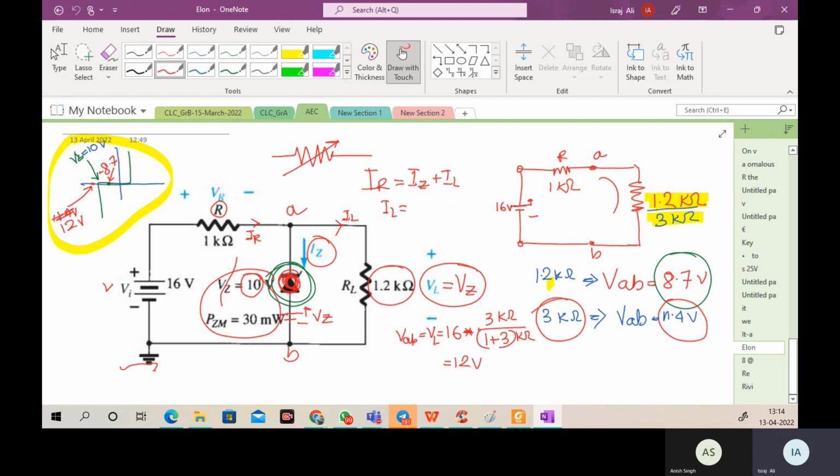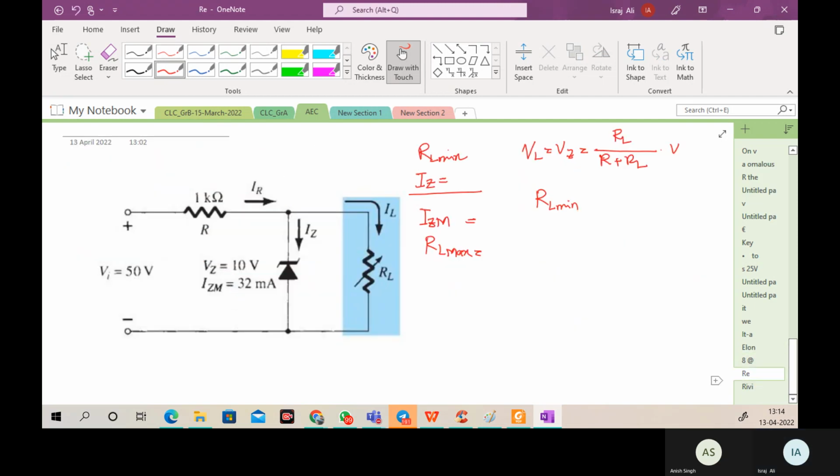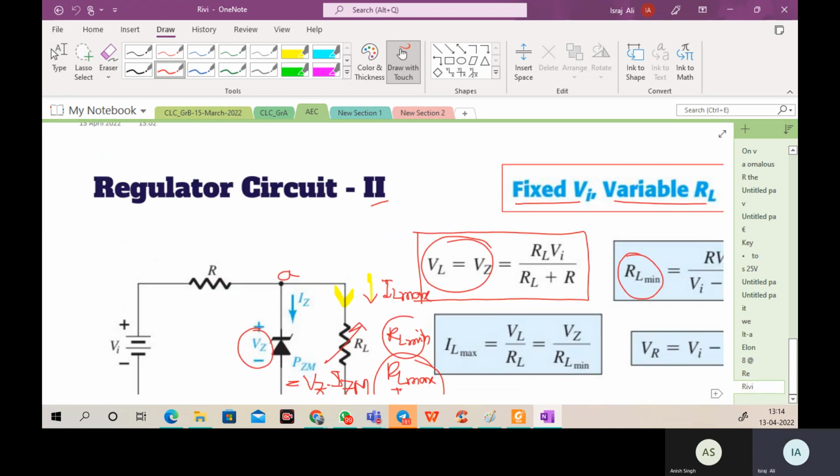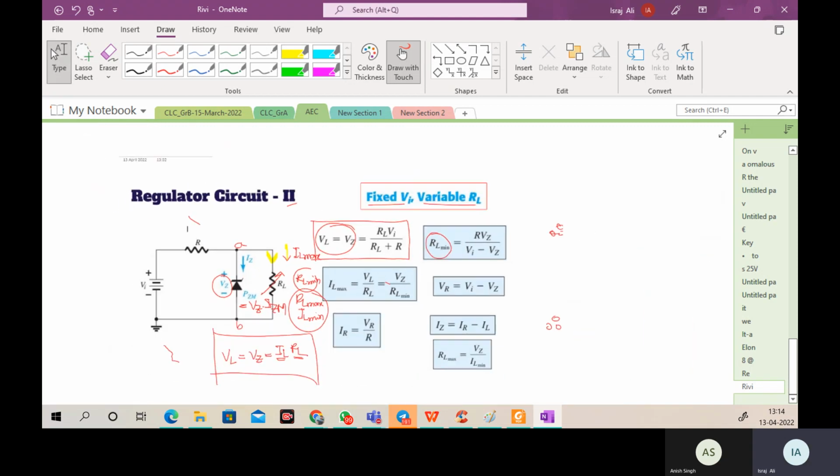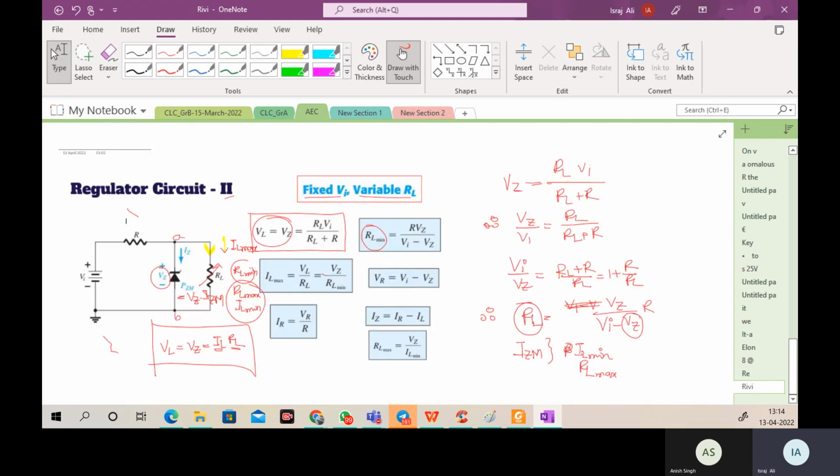Oh, this one. Yeah, I did that. So RL minimum is which one? VZ by VI minus VZ.